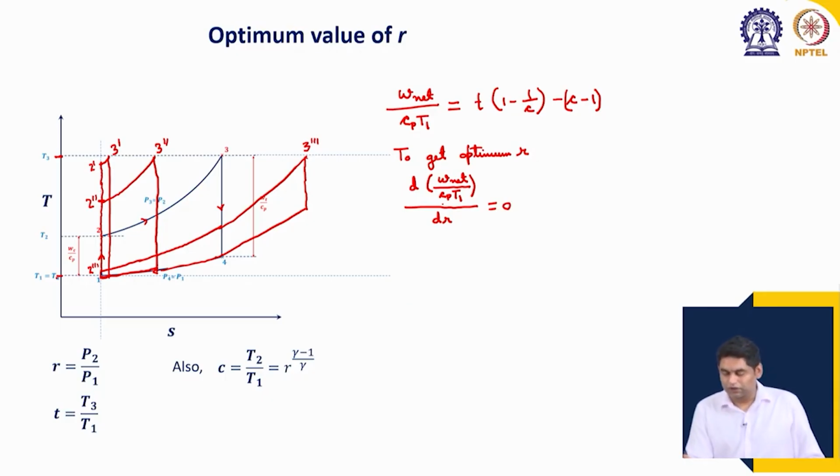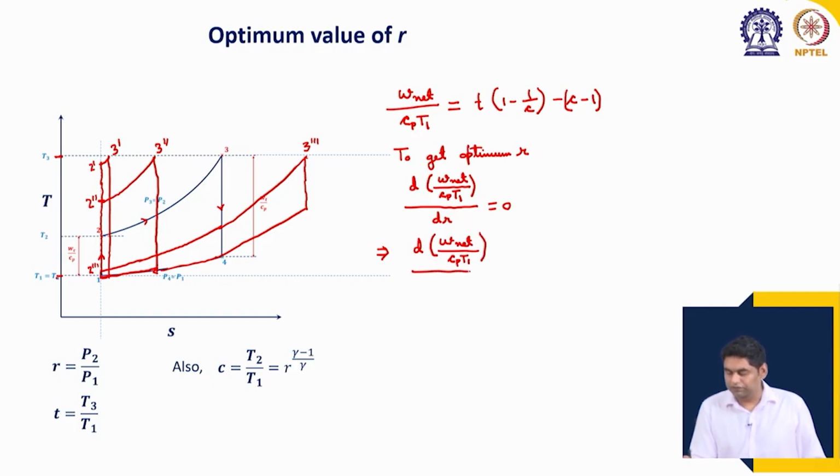Now, based on the variation that we have seen, we assume that this value, minima or maxima, will correspond to a maximum value of work output, because the minimum values are at the two ends of the range of R. So, we can also write, take the derivative in a similar way with respect to C instead of R, because C and R are directly related.